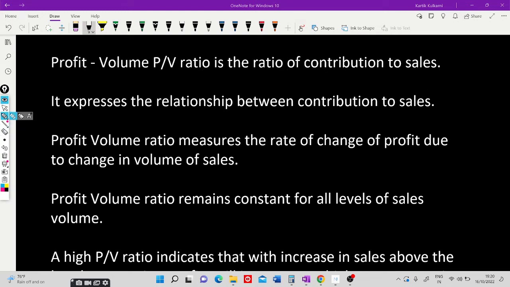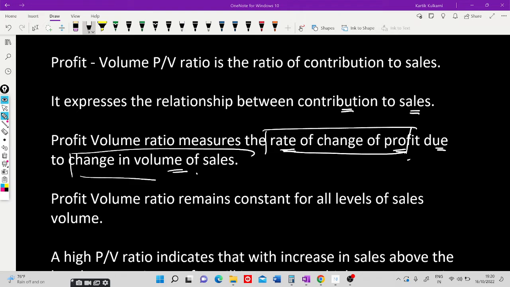PV ratio expresses the relationship between contribution and sales. It measures the rate of change of profit due to change in volume of sales. By PV ratio, we can know what is the rate of change of profit with the change in volume of sales.